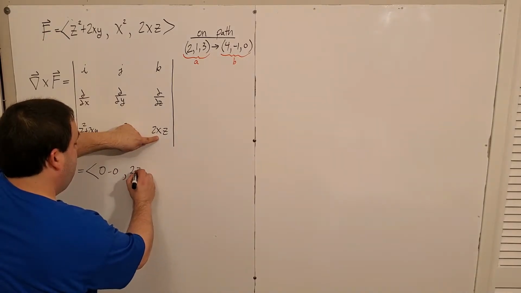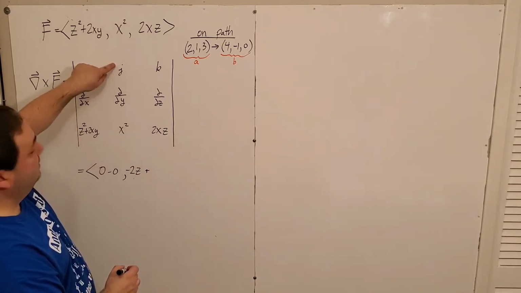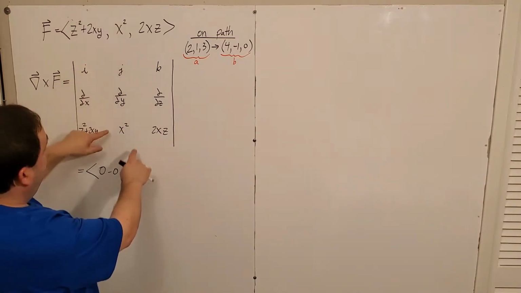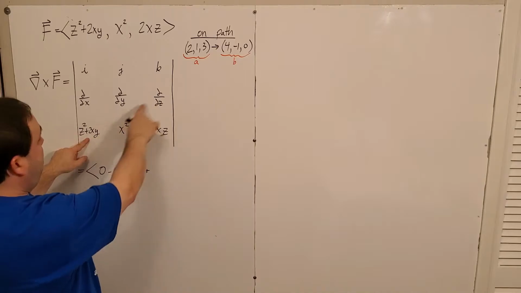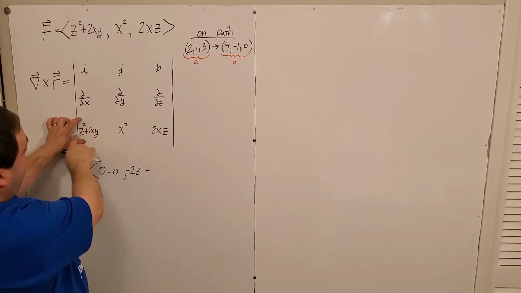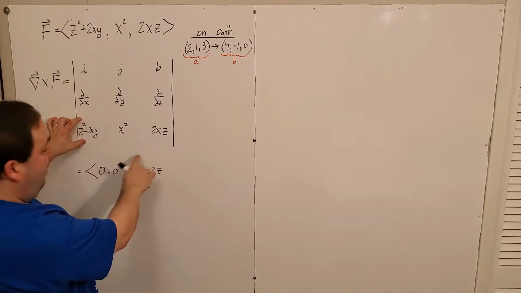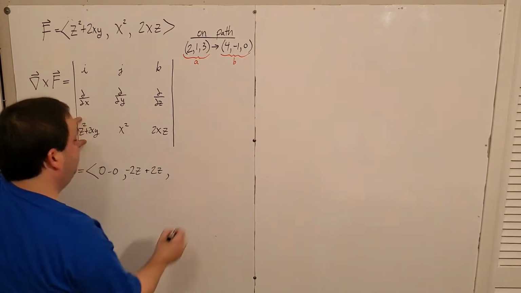That's 2z minus, negative and plus, right? Because it's alternated. Okay, so then I've got the z derivative of z squared plus 2xy. There's no z in that part, so it's just the z squared. So plus 2z. Also looking good, right? That's going to zero out.